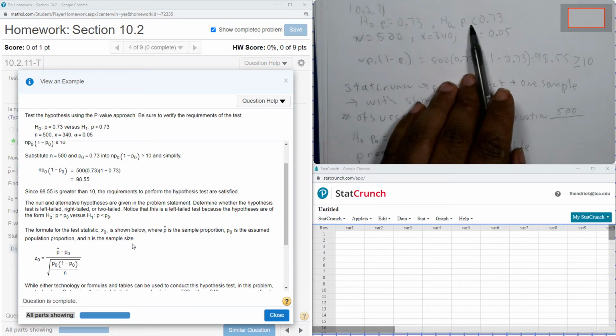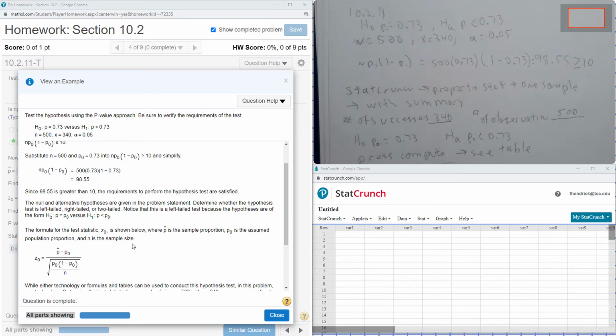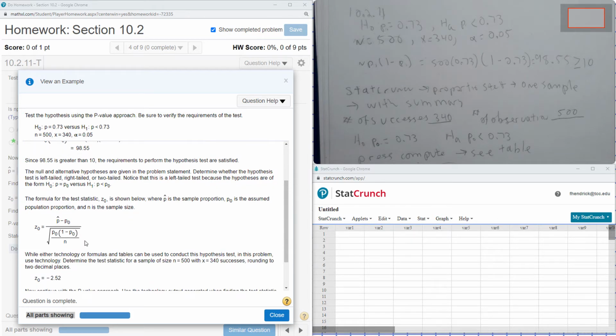It's pointing to the left, so it's a left-tailed test. So the formula for the test statistic is given below here. We can plug in and find it, or we can use StatCrunch to find the test statistic.